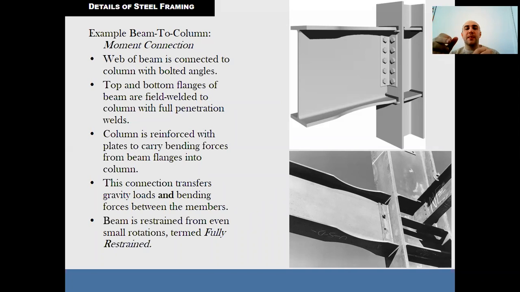Where a deeper connection is required to provide a larger lever arm for the bolts, a haunched connection can also be used. The extra fabrication will result, so this situation should be avoided if possible on the construction site.